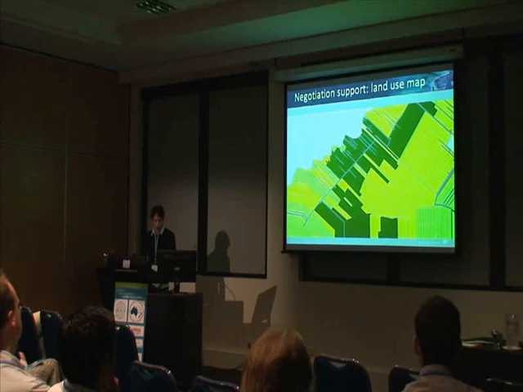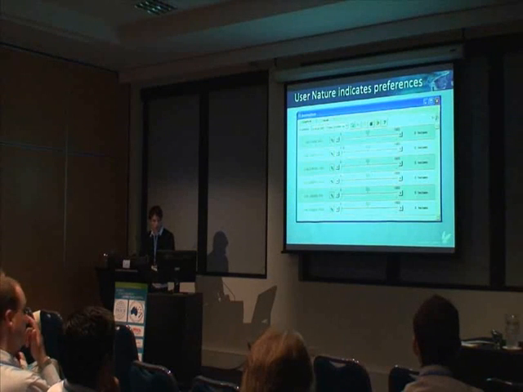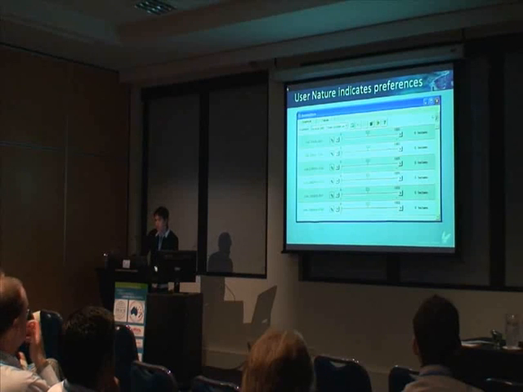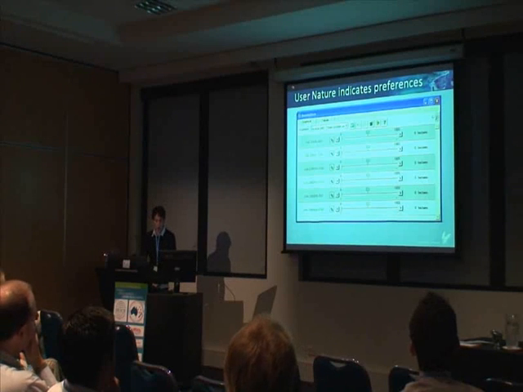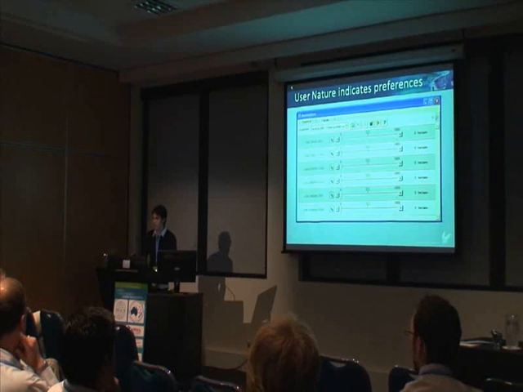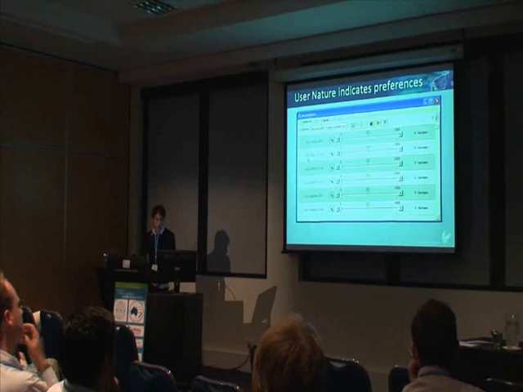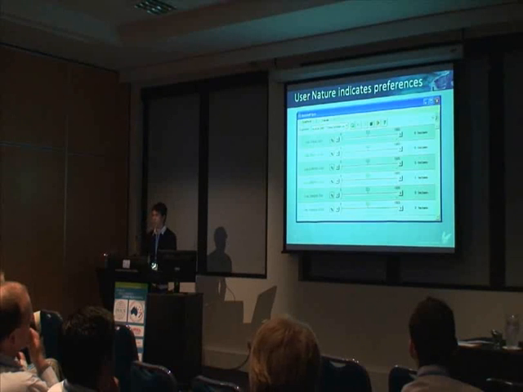By means of this interface, here we have some slide bars. The users can touch on the touch table to show a number of hectares on the map that suit better the objective. For example, we have here nature, best and worst. This would correspond, for example, to a stakeholder representing nature organizations.